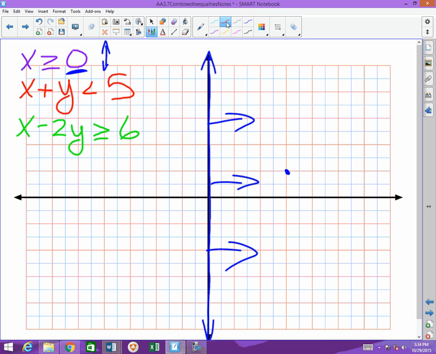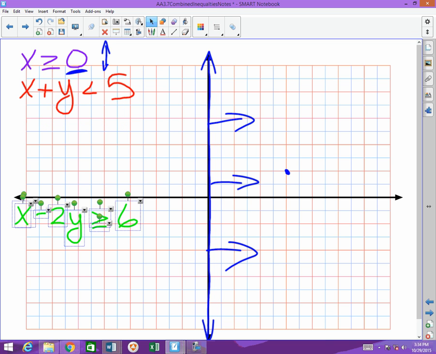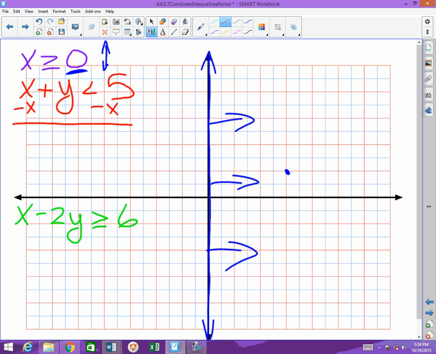So then our red line. Move this one down. If we subtract x, we would have y is less than a negative x plus 5. So crosses at 5.